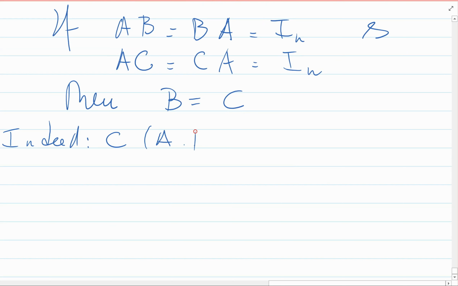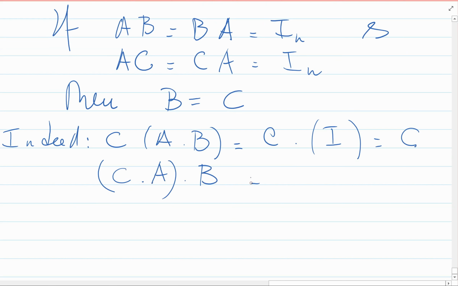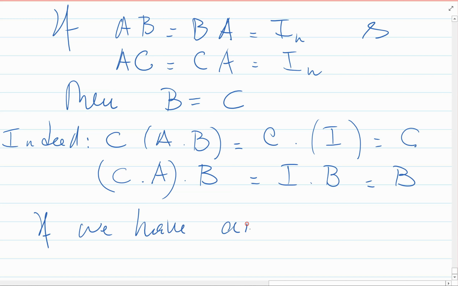C times A times B is going to be C times I, which is C. On the other hand, it is also equal to C times A times B, and C times A is I, times B, and therefore B is equal to C. Okay, so if we have an inverse, it is unique.